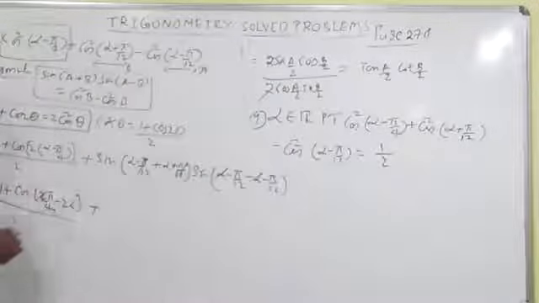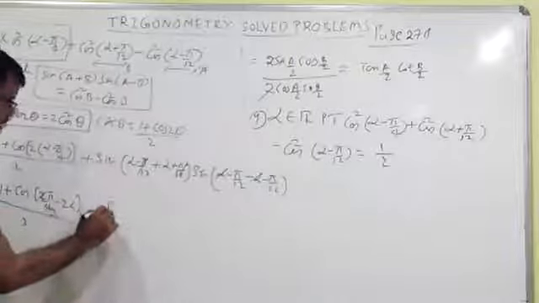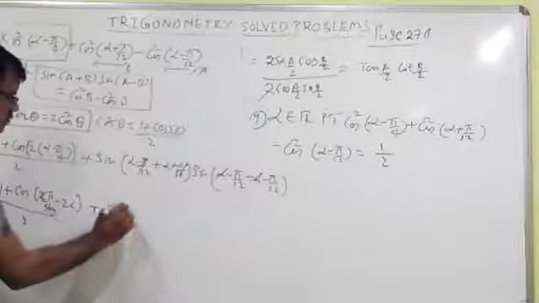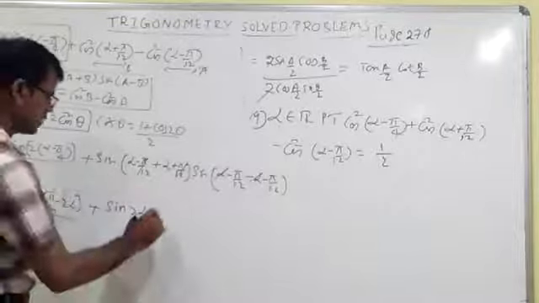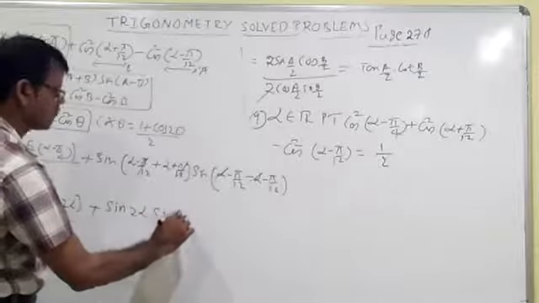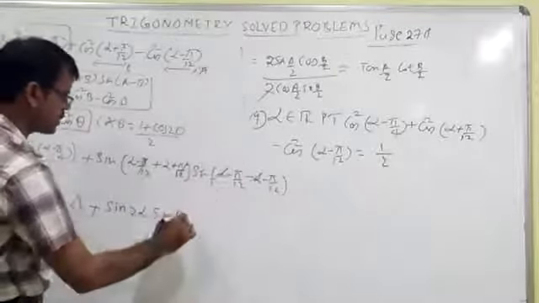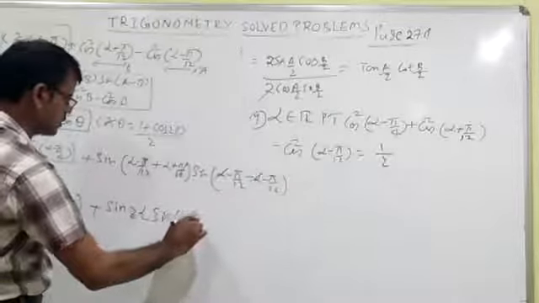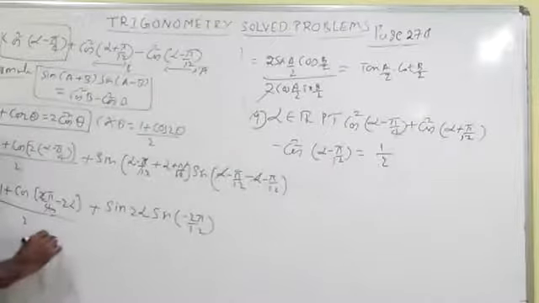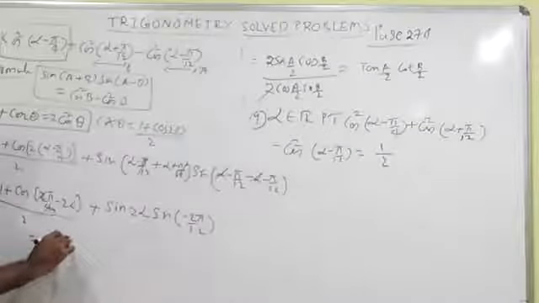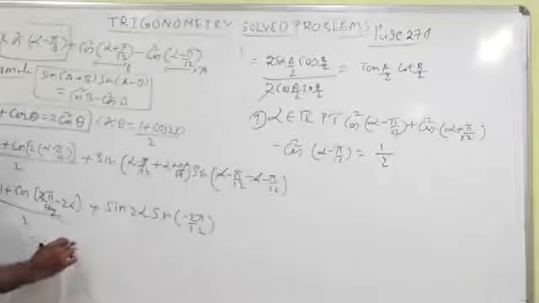Next step. Now what is the value you are getting here? Sin 2 alpha into sin of minus 2 pi by 12. That is equal to, next step you can write 1 plus cos, this is 90, students, cos 90 minus 2 alpha can be understood as sin 2 alpha.